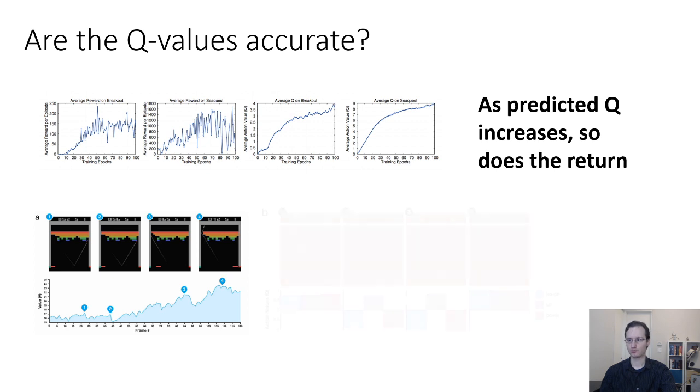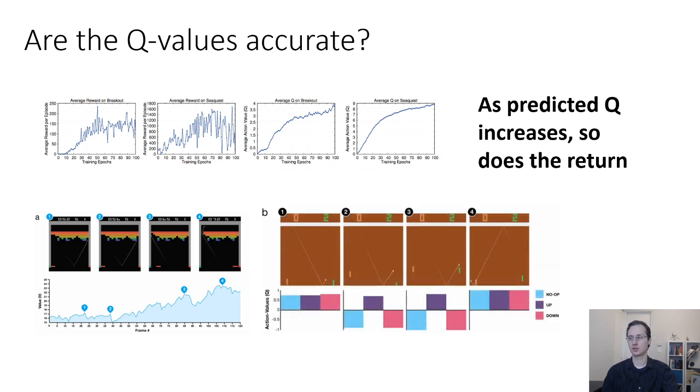That all seems reasonable. We can also look at the relative Q values for different actions. These are frames from the game Pong. In Pong, you need to use your paddle, which is green on the right side, to hit the ball so that it ricochets and goes to the other side, and your opponent with the orange paddle needs to hit it back.